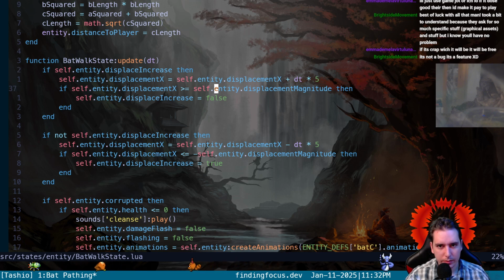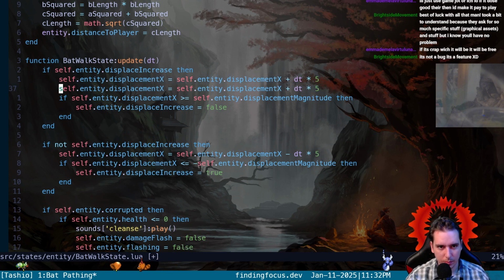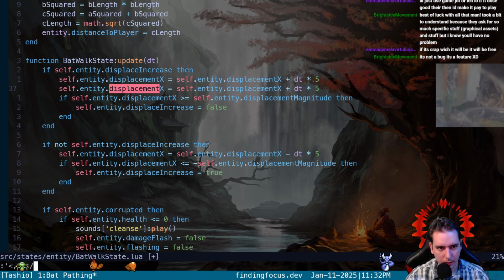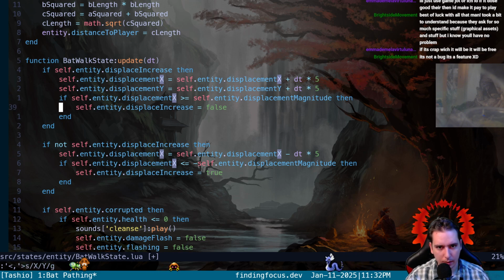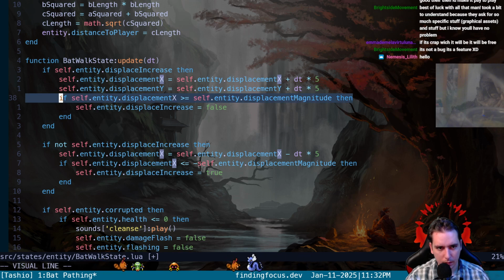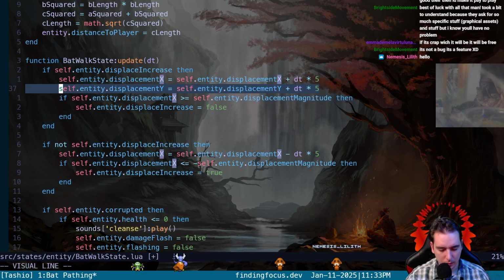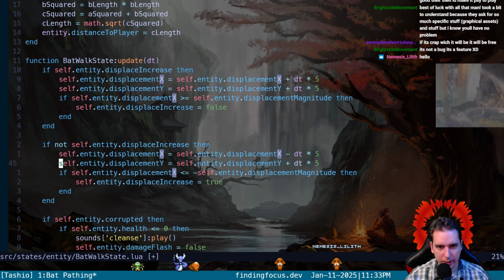I guess we want to also do our displacement y the same way here. This is okay. If we have the same displacement, then the Boolean flag can also be the same.